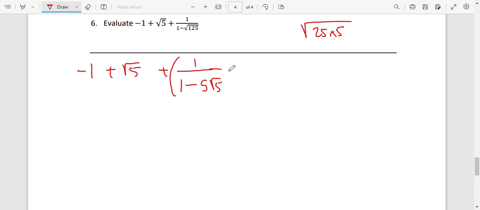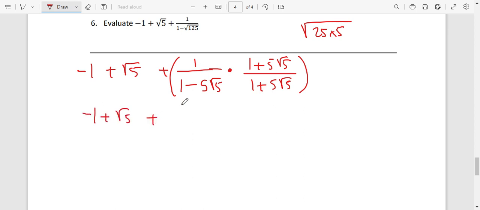So firstly, rationalize the denominator of this part. This is going to be 1 plus 5 square root of 5, also down, 1 plus 5 square root of 5. So this is going to give negative 1 plus square root of 5 plus 1 multiplied by everything, that will just be 1 plus 5 root 5.